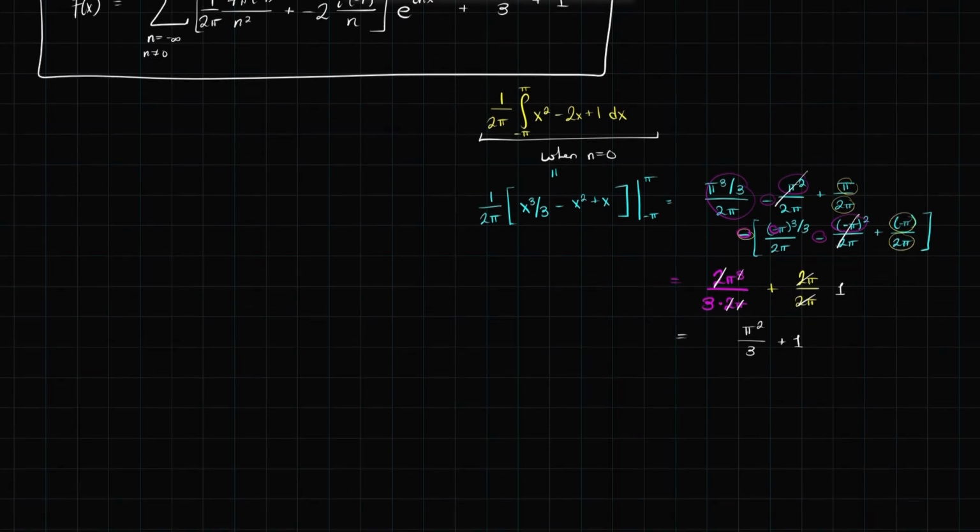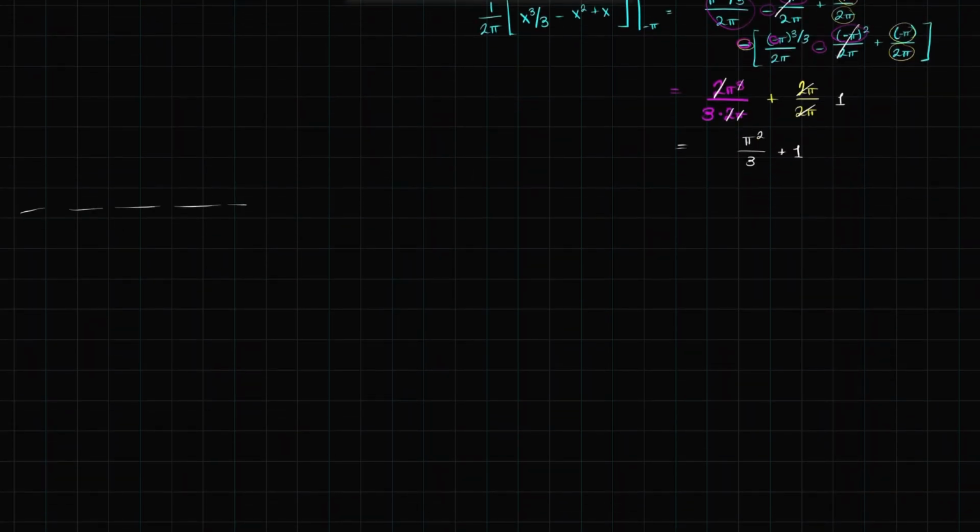Let's actually see this in action. I realize this is a whole lot of computation and something that I think probably none of you actually want to do, but let's just see the approximations.